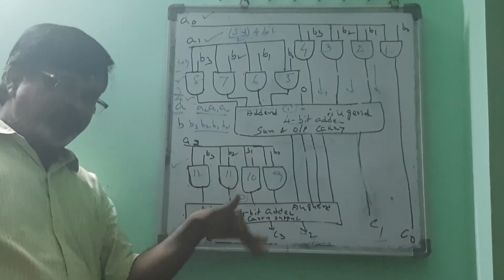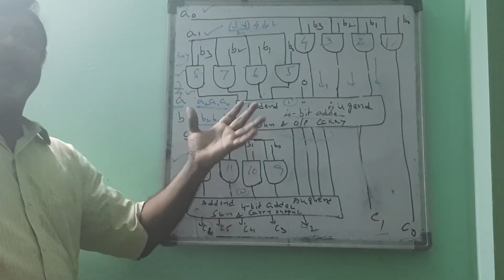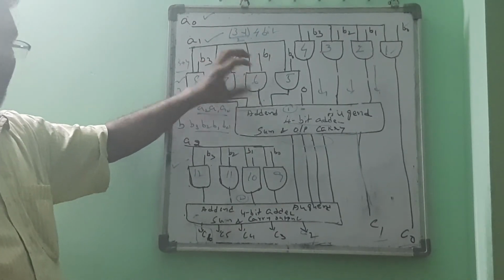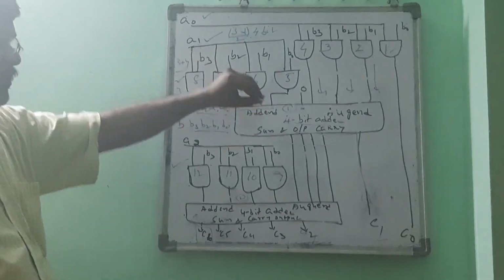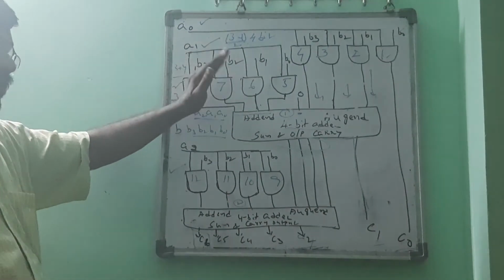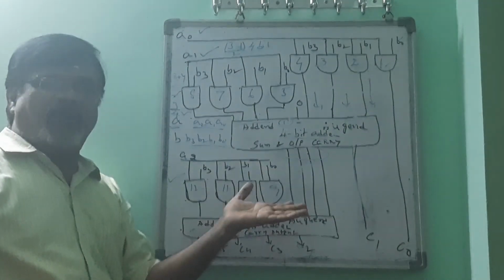So this will be an extensive circuit if you want to multiply bigger numbers. That's why this way of multiplying two numbers is not recommended. Of course, even though this is one procedure, that's why we are going to learn this also.